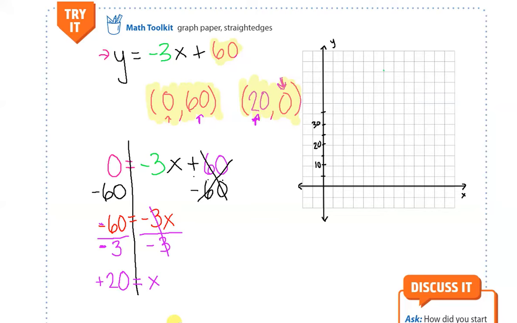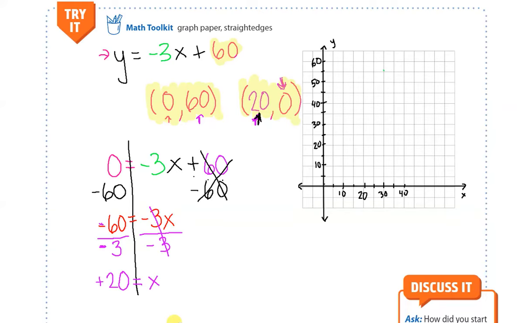That's what happens when I stop counting out loud. 35, 40, 45, 50, 55, 60. And I'll go by 5s in the other direction too, since I need to get to 20. So 5, 10, 15, 20, 25, 30, 35, 40.